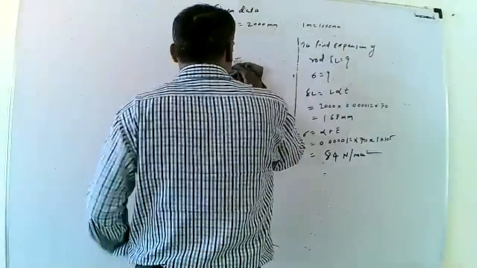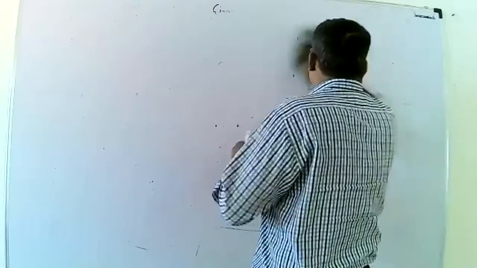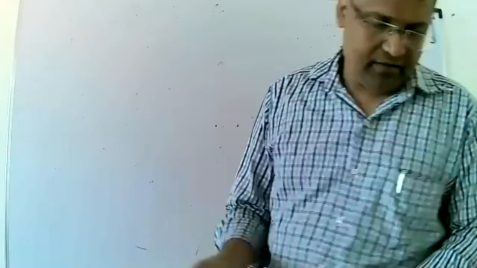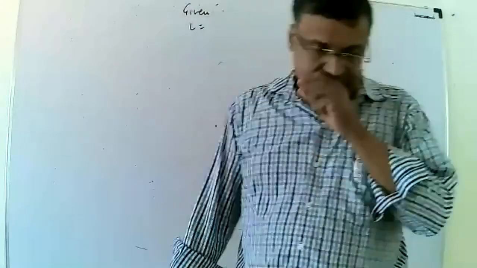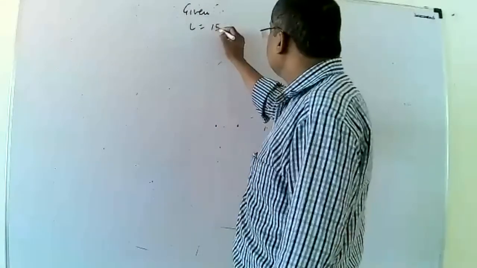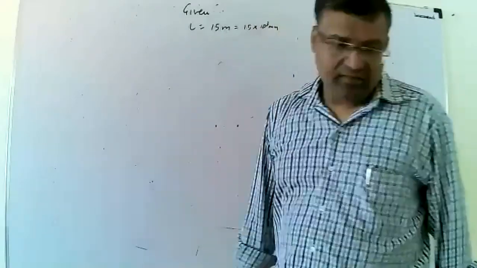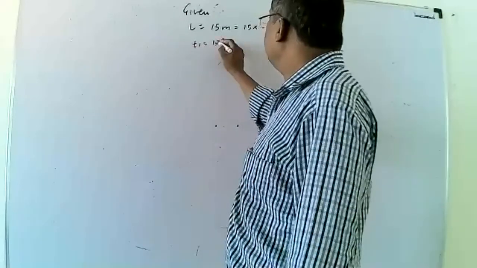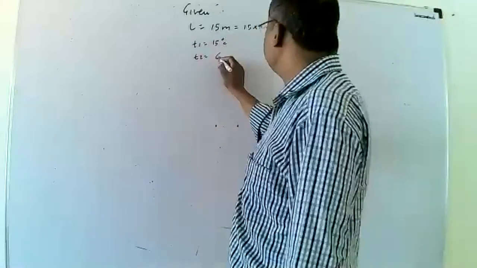Then in the diagram or in the problem, whatever information is provided, length is given. Next, temperature T1, 15 degrees Celsius, T2, that is 65 degrees Celsius.